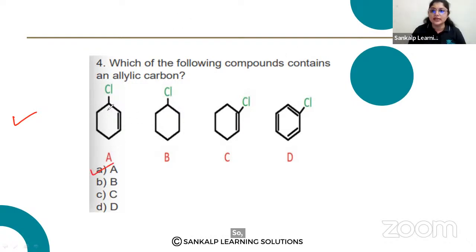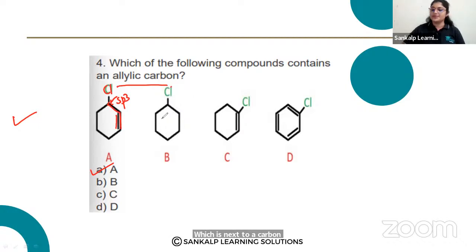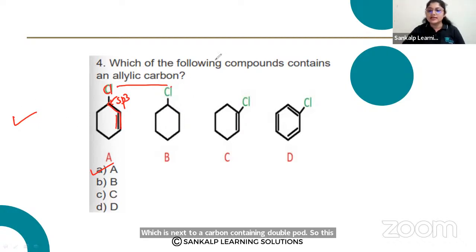What is an allylic carbon? The halogen atom is attached to the carbon which is sp3 hybridized, which is next to a carbon containing a double bond. So this is an allylic carbon. So A is the answer. Good, most of you have answered A. Okay, so we'll go for the next now.